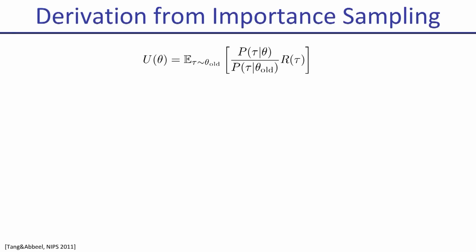You want to know what the expectation is, but your samples, your trajectories, come from another policy, pi theta old. So you sample from pi theta old, which gives you trajectories. You use those trajectories to compute an expectation, but you care about the new theta. Then you have to correct with this ratio for the fact that you sampled from theta old rather than theta. That ratio performs the correction.